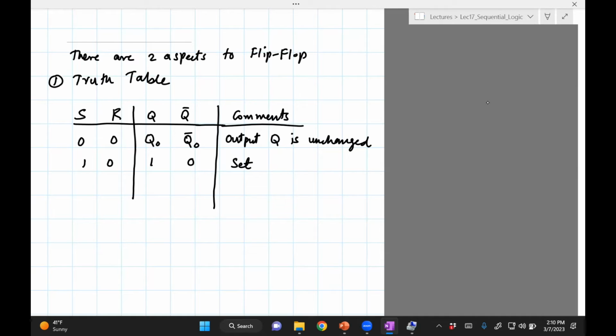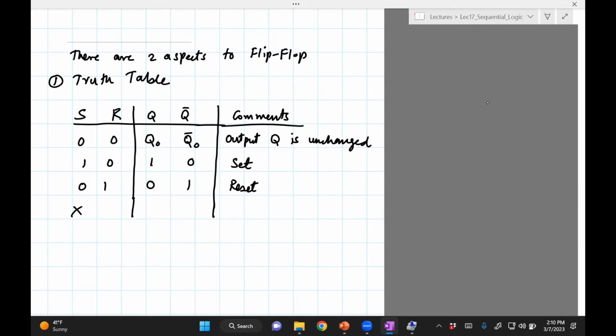You're setting the output to be 1. You could also do 0, 1, in which case Q will be 0, Q bar will be 1, and this is the reset function. So think of clearing memories. It clears off memory. And then if you go back to 0, 0, it'll remember the state.